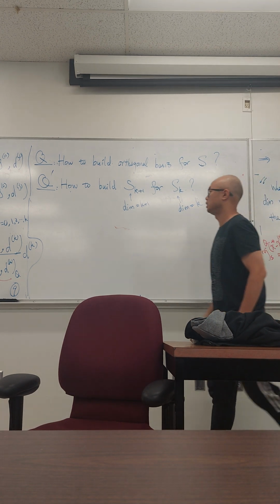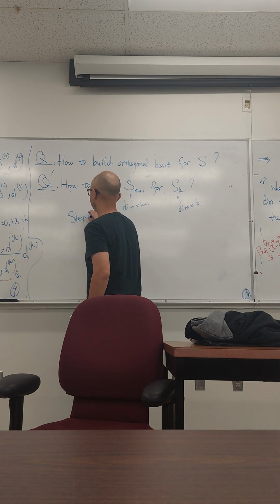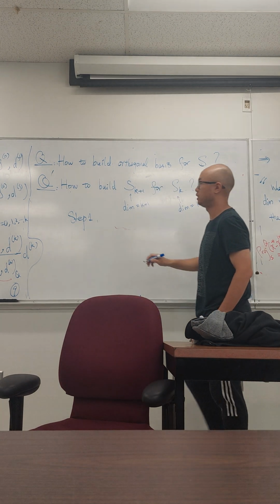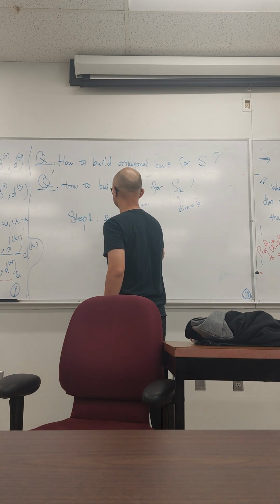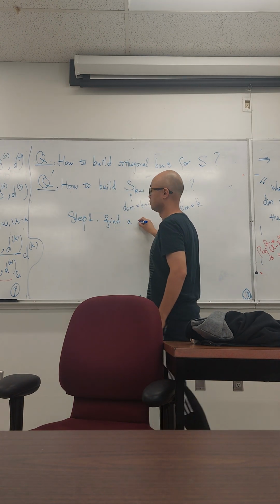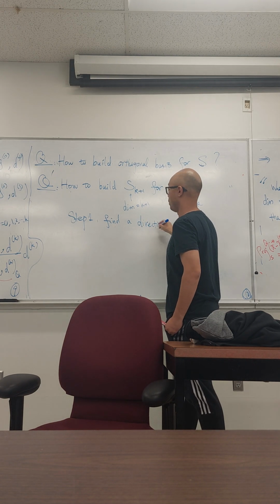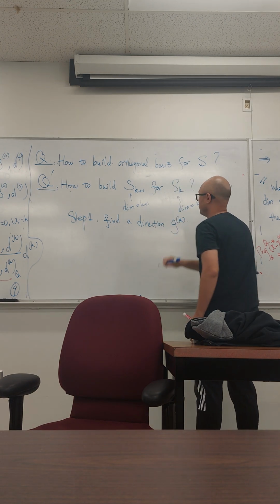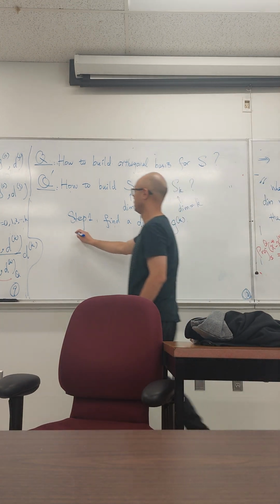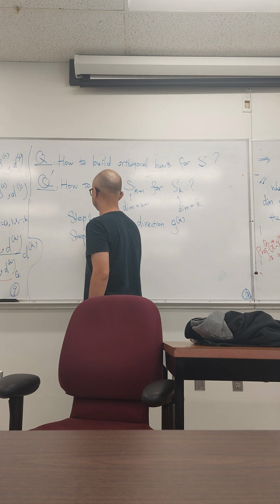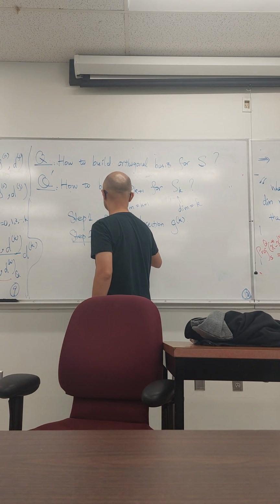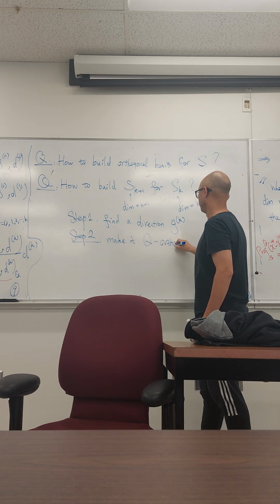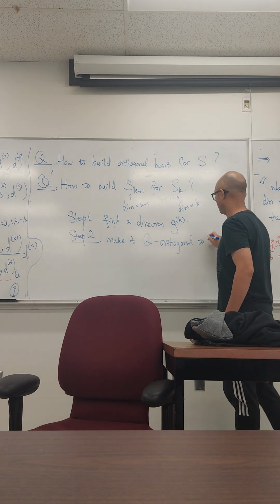All right. So we have two steps. Step 1: find a candidate direction, and we already know it's our negative gradient. Find the direction and make it Q orthogonal to all previous directions.